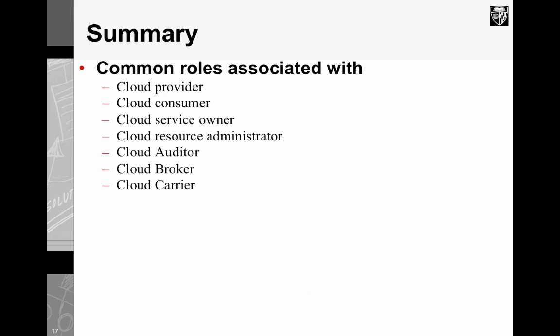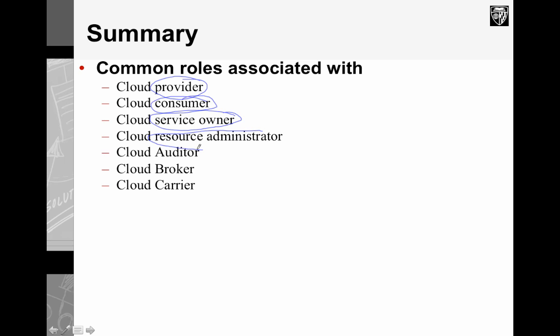So, in summary, we saw that there are some common roles that are associated with cloud, such as the cloud provider, which is the organization that provides the cloud services; the cloud consumer, which is the organization that uses the cloud service; the cloud service owner, which could be a cloud consumer or a cloud provider that owns a cloud service.